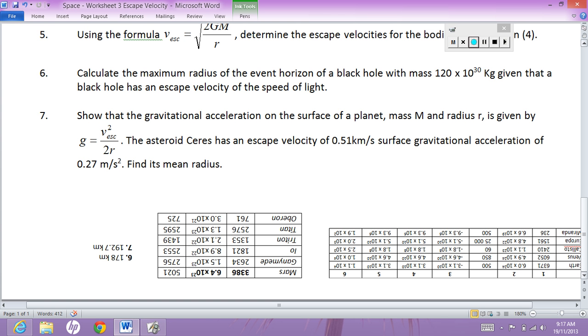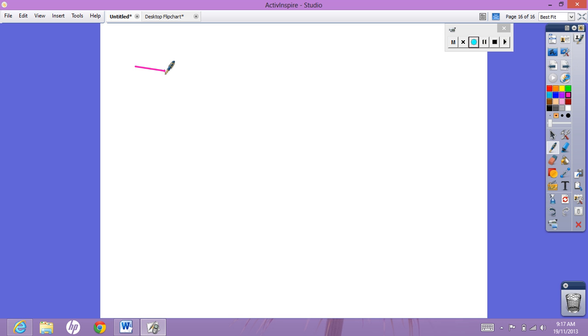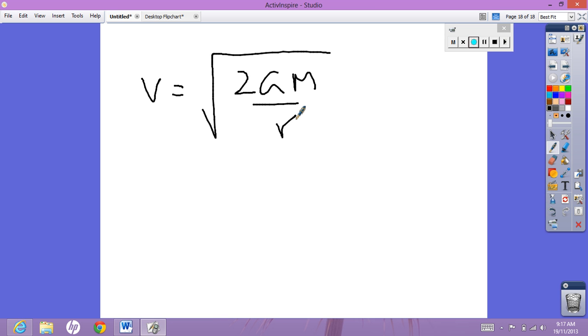So all we're asked here is to find the radius of an event horizon, we'll just call it a black hole in this case, given that the escape velocity is a certain value. So we just simply apply the formula that we have just used, V equaling the square root of 2GM on R, and M is 120 by 10 to the power of 30.